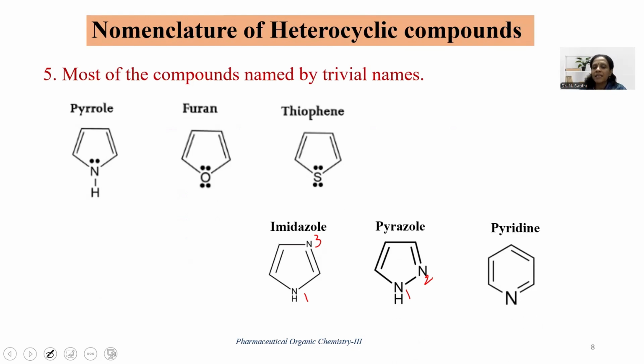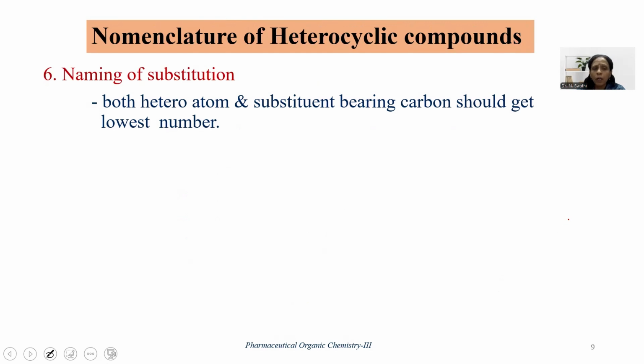And another example, pyridine. This is a 6-membered unsaturated ring having nitrogen as heteroatom. It is well known by the name pyridine. This is the structure of pyridine. So this is how some of the heterocyclic systems are popular with their trivial names rather than the IUPAC name. Now, in case any substitution is present, we just learned how to name and number the heterocyclic system, because heterocyclic compounds are compounds having heteroatoms, that means other than carbon also.